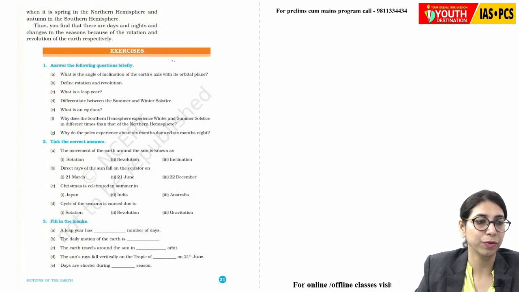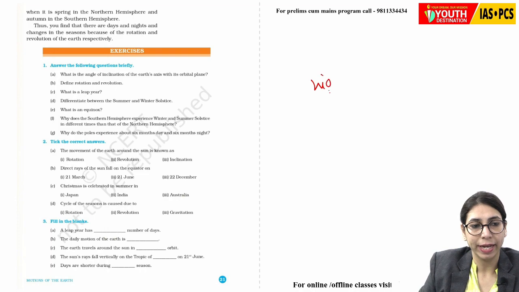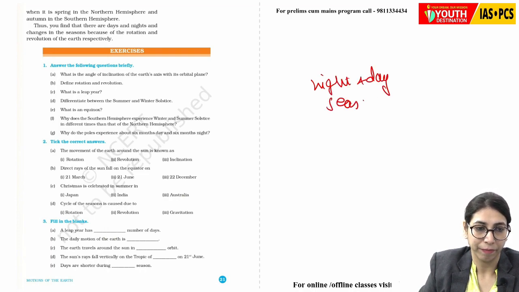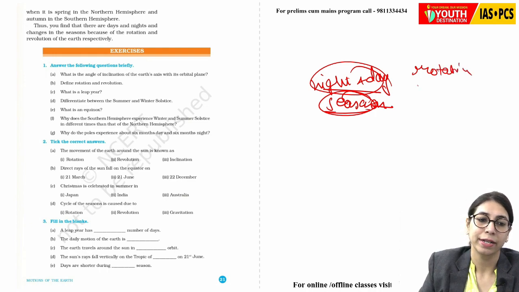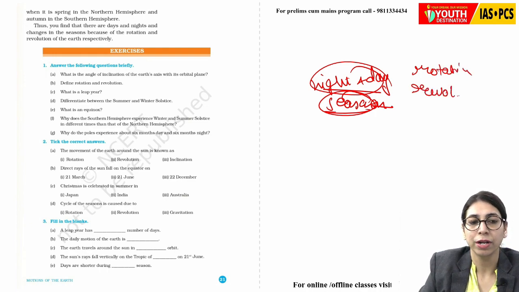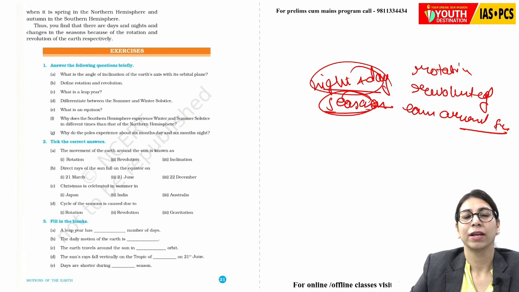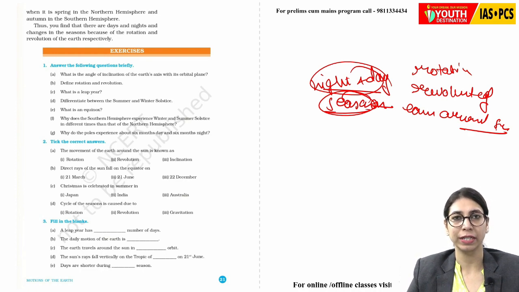One more thing we need to notice: the night and day and the seasons on Earth are only possible because of the rotation and the revolution of the Earth around the sun, right? So I hope this chapter is clear to you.